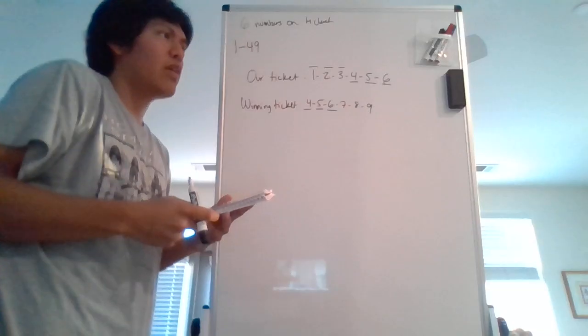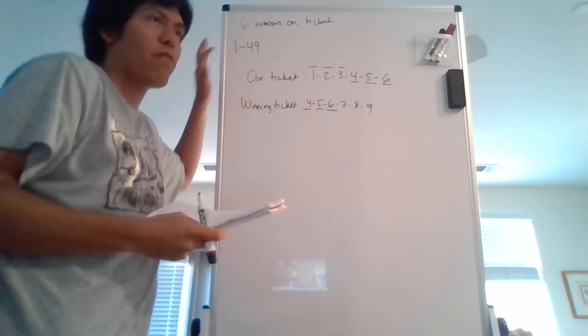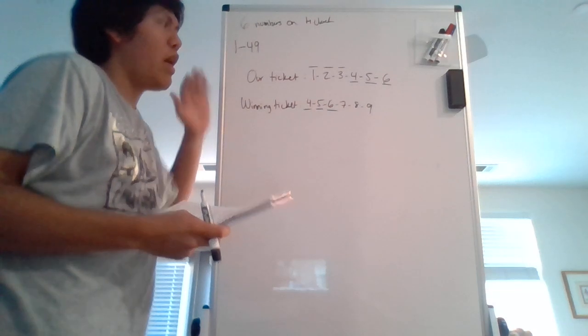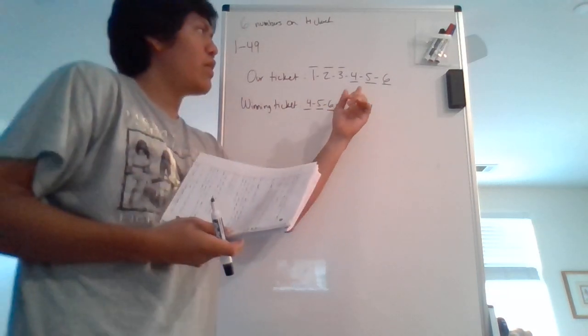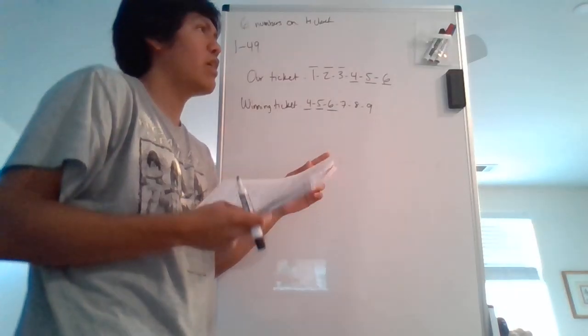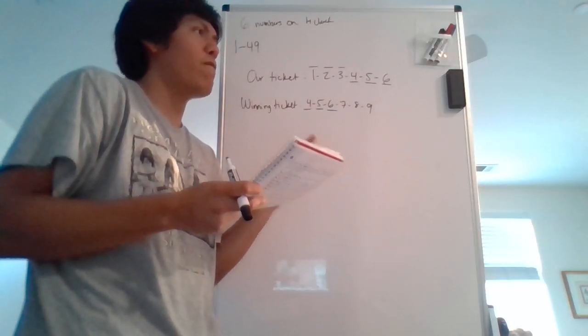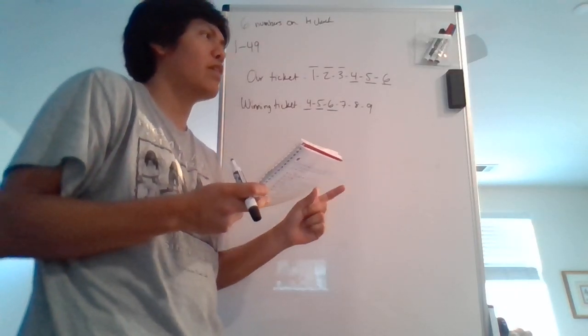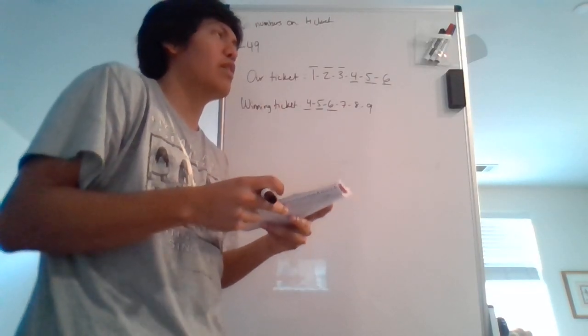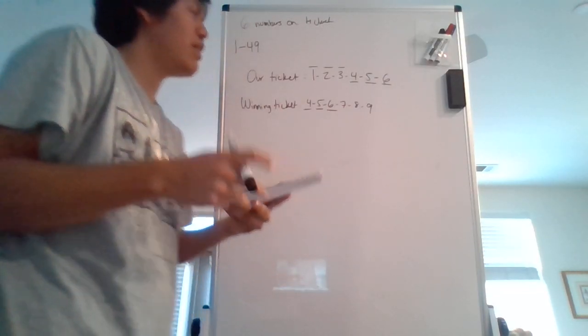So, because there are 49 total numbers to choose from, and 3 of the numbers we chose are winners, then 49 minus 3 is 46. Okay?